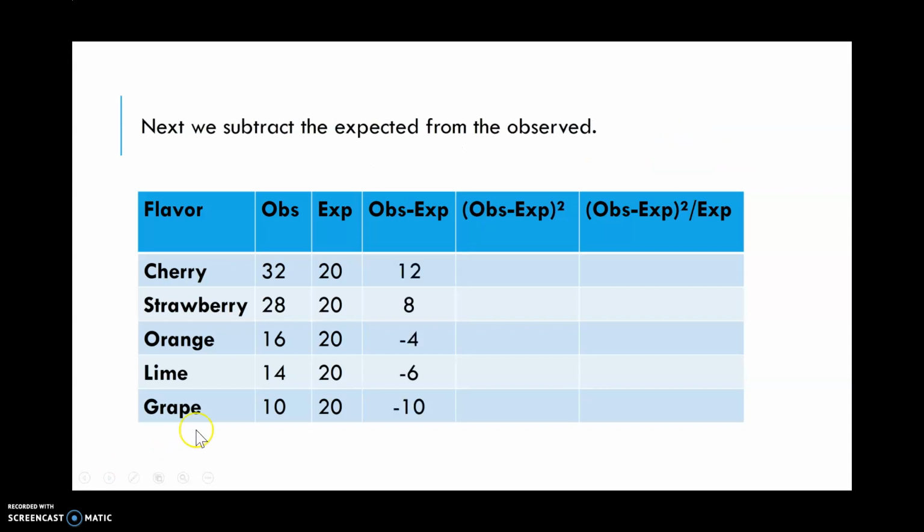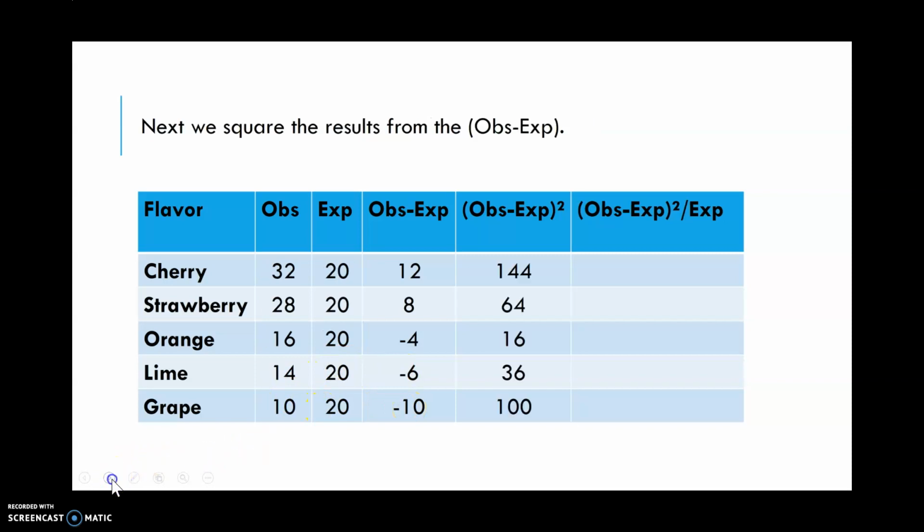Okay, so let's see how you did. So remember that we're going to subtract the expected from the observed. So 32 minus 20 is 12, 28 minus 20 is 8, 16 minus 20 is negative 4, 14 minus 20 is negative 6, 10 minus 20 is negative 10. Then we're going to square each of those values, right? So remember, the negative gets squared to become positive.